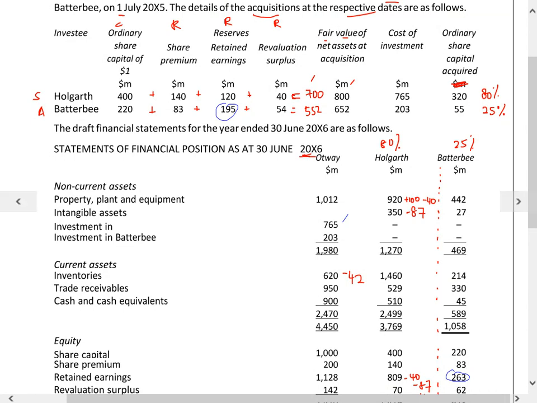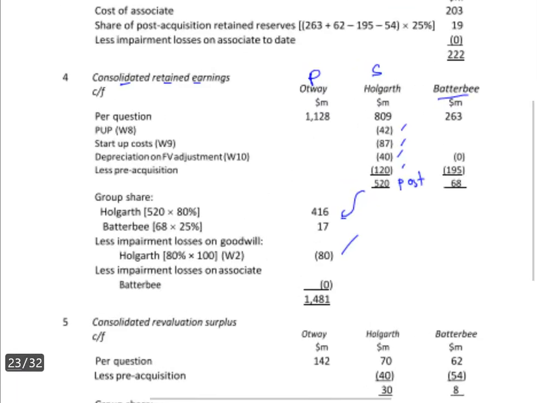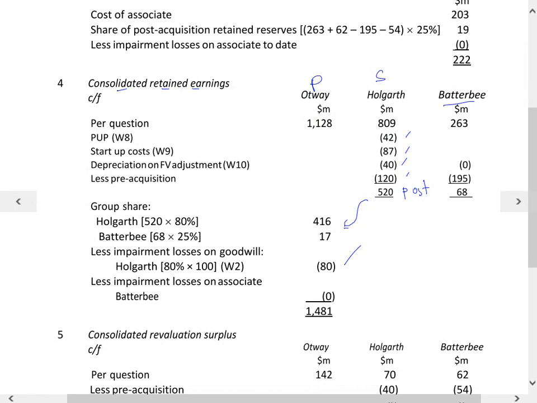You take 263 minus 195. 263 is now. When I first purchased, it was 195. So what is the post acquisition? Yeah, 68. Recognize this 17 in my book.